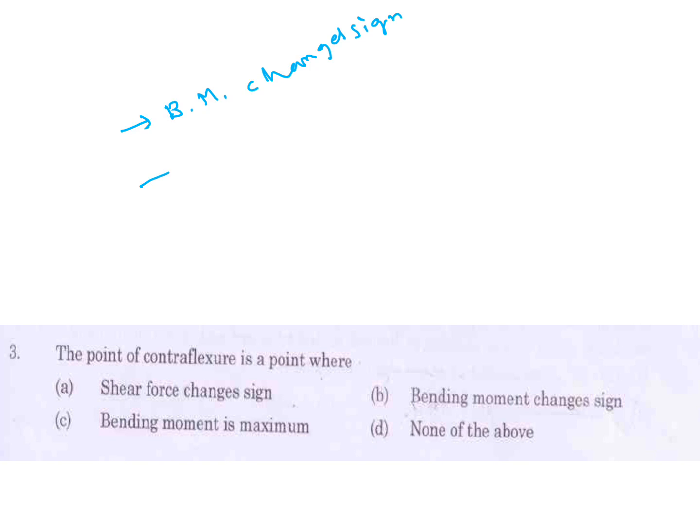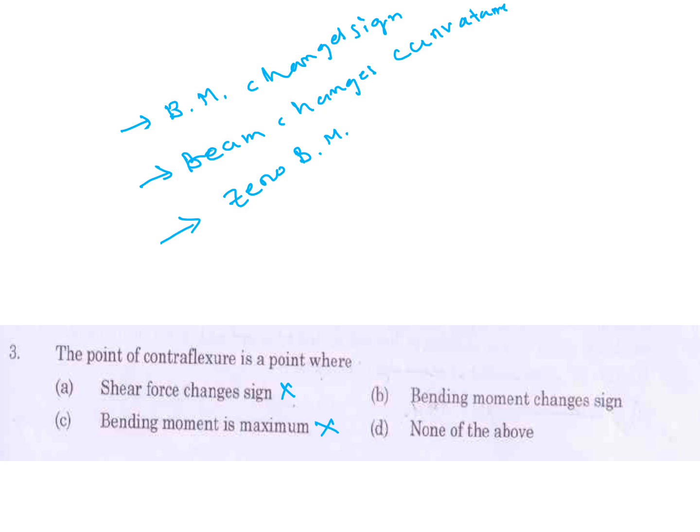Beam changes curvature, it's a point of zero bending moment. Shear force changes sign, no. Bending moment changes sign, bending moment is maximum, no. None of these. B is the answer.